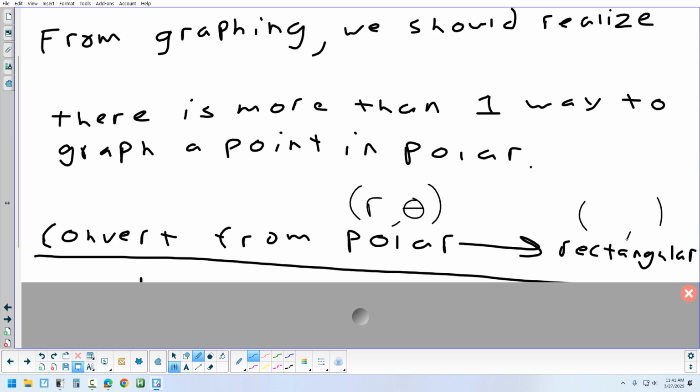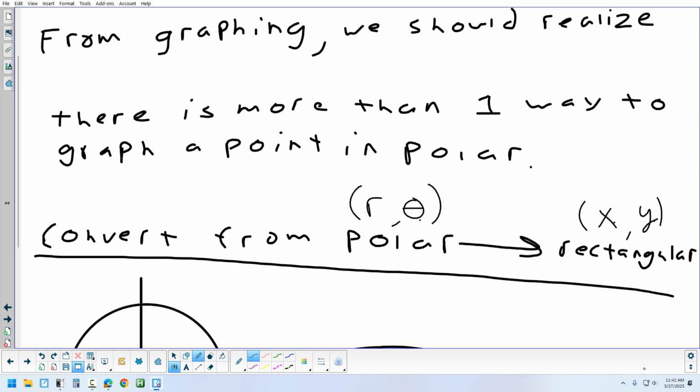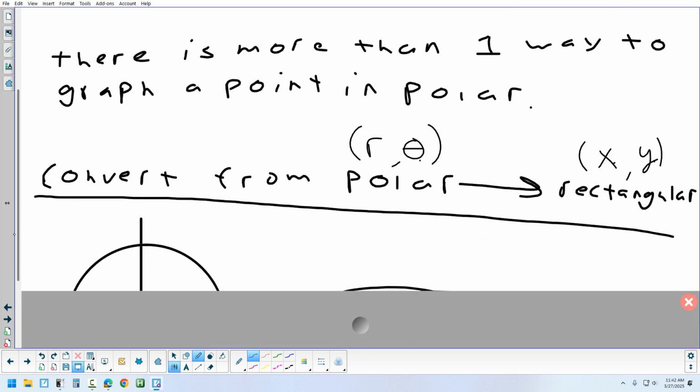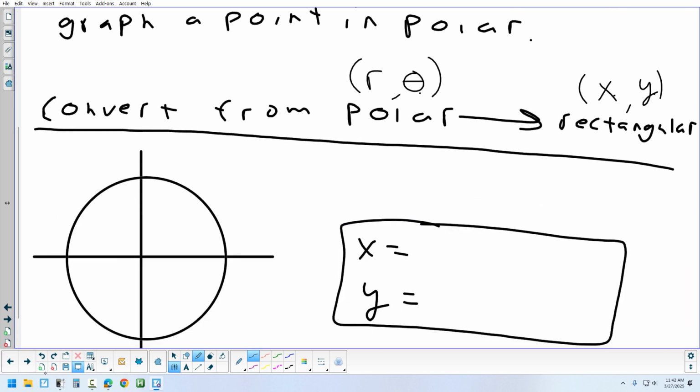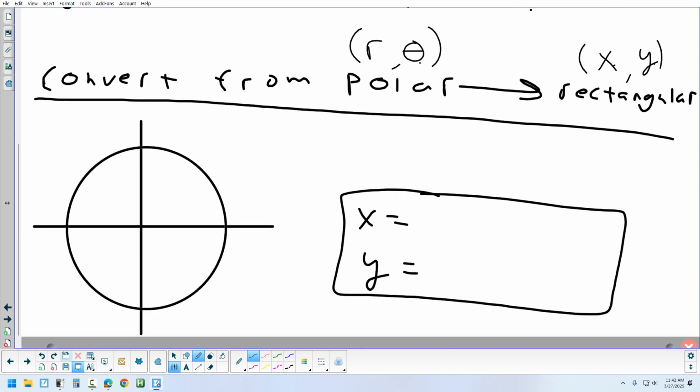X and Y. In rectangular, we don't describe things as an amount of rotation and distance from an origin on a circle. We describe things using left and right, and up and down movement. So let's see how we can convert an r and a theta into an x and a y.